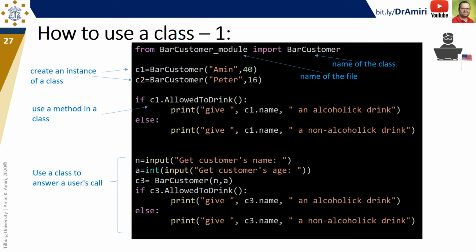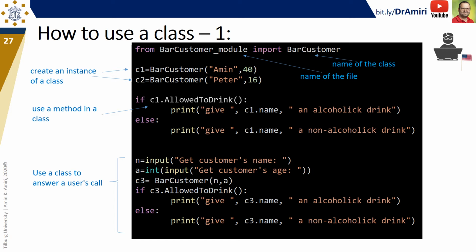You see that C1 is Amin, he is 40 years old, and C2 is Peter, and he is 16 years old. Now, the American can use the method in the class, allowed_to_drink, to check what to serve this customer. So C1.allowed_to_drink does not get any inputs, any arguments, because we already have the age of the customer inside C1 as an attribute.